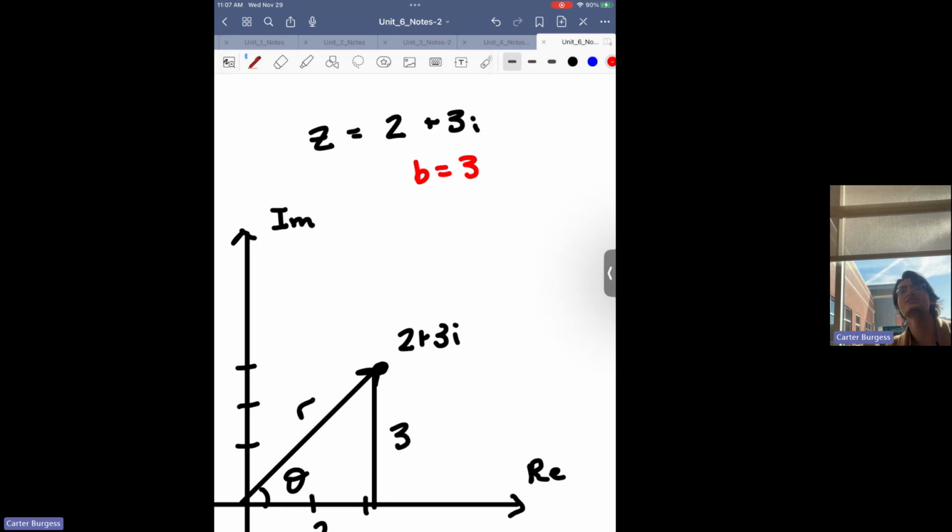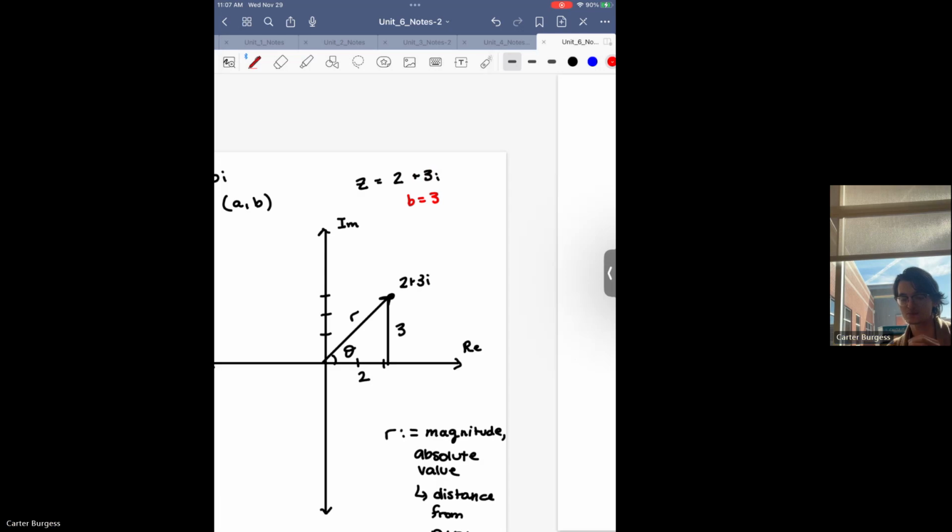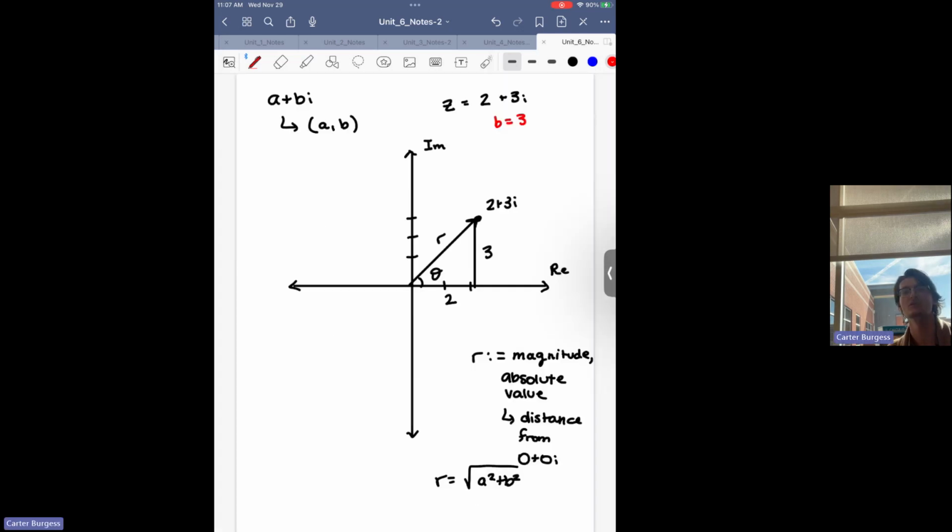So the i is conveying some kind of direction information, and the number in front of it tells you how far in that particular direction you're going. Essentially, the i tells us that it's acting like the y coordinate, and not having an i tells us that it's acting like the x coordinate. It's not changing the value. It's not changing the size. Don't include the i in your metric there.